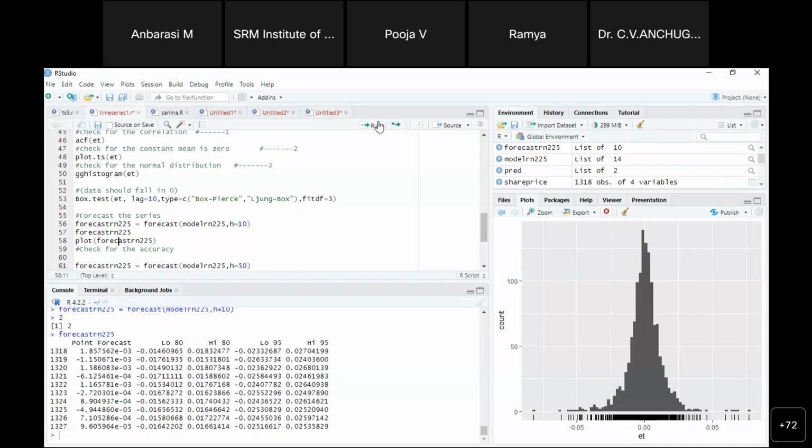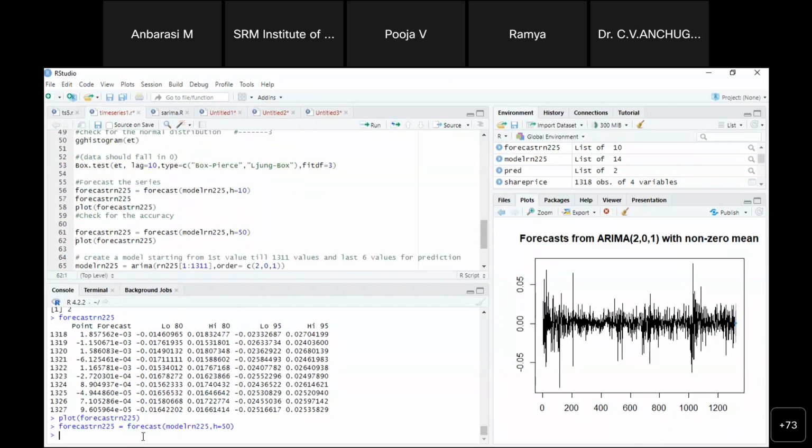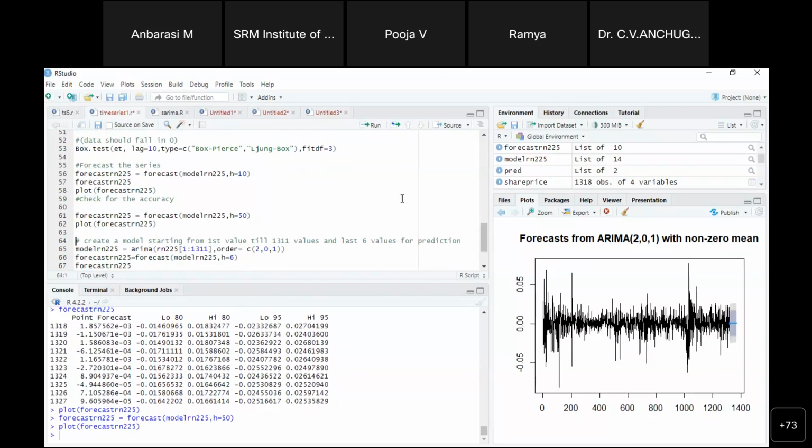When you want to see it as a plot, here you see, you will get the next 10 sets, how the future events are going to be predicted.